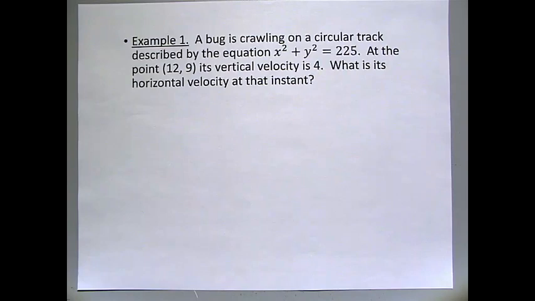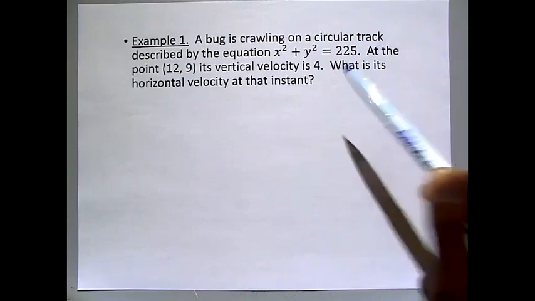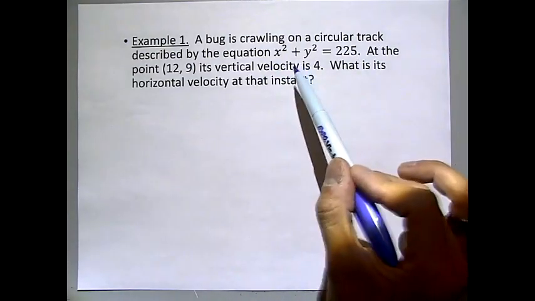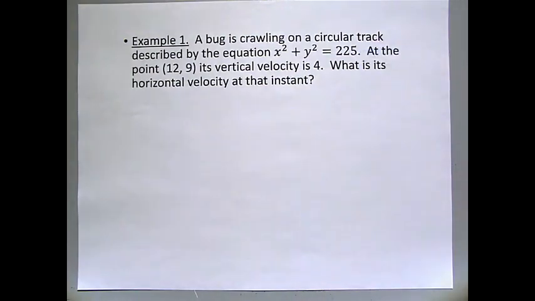And I don't know why there's a green line on that screen. I can't make it go away, so just look around it. Okay, in the first example here, we have a bug crawling on a circular track. This circular track can be described by the equation x squared plus y squared is equal to 225. That's a circle centered at the origin, radius square root of 225.